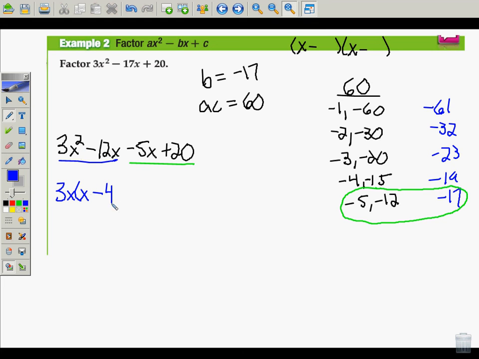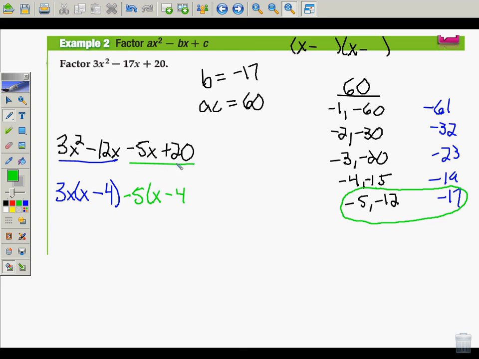And then I'm going to factor out a negative 5 from the right side. So I get negative 5 times the quantity of x, because negative 5 times x will give me negative 5x. And then I'm going to have negative 4, because negative 5 times negative 4 would give me positive 20.